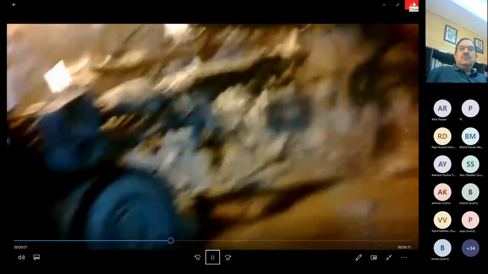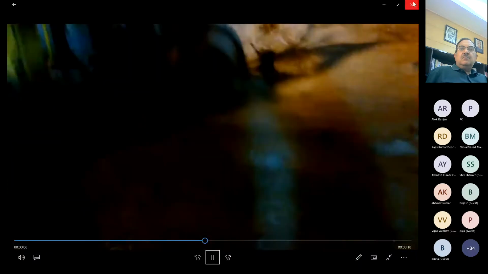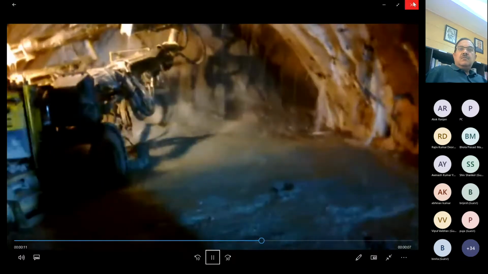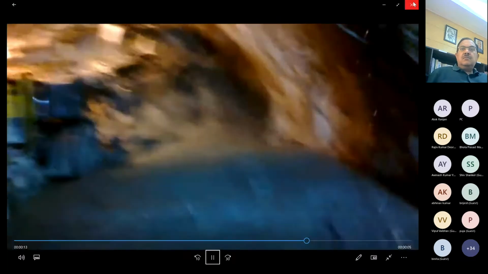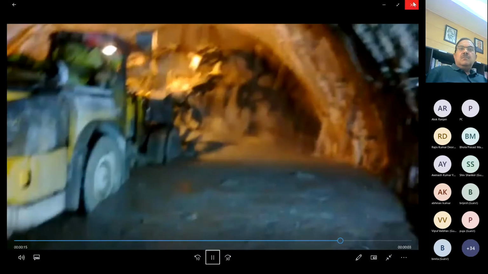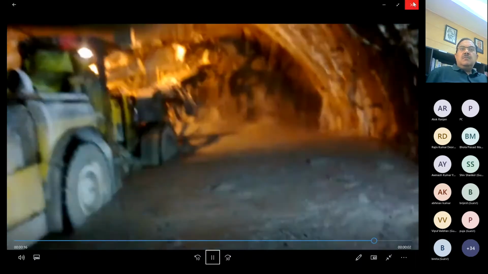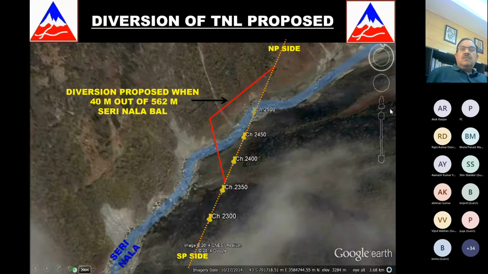Here you see in real time, in 30 seconds, there's so much muck that it almost traps the boomer. So these were the kind of muck flows we were facing.